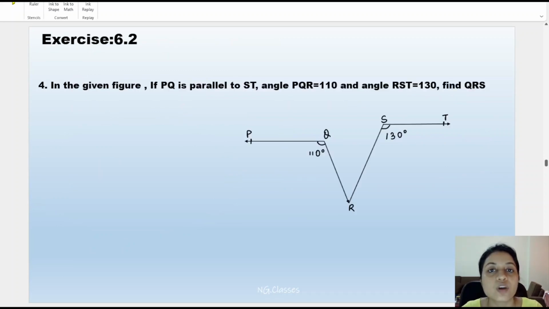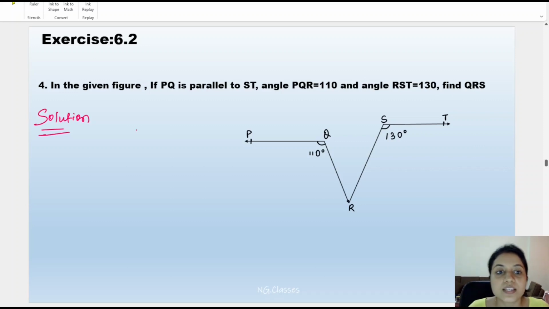Alright, now let's solve one question related to it. The question says, in the given figure, if PQ is parallel to ST, we can see in the figure, angle PQR is given as 110 degrees and angle RST is given as 130 degrees. Then find angle QRS.